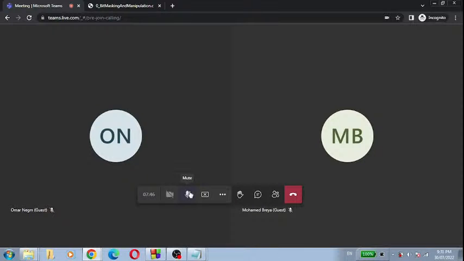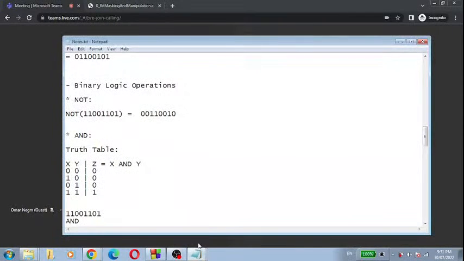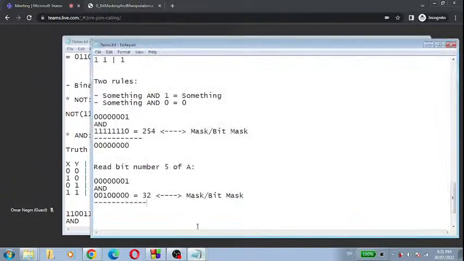Okay, back to our session. I was saying that we want to read bit number 5 of the variable a. So I have this variable a, this value.